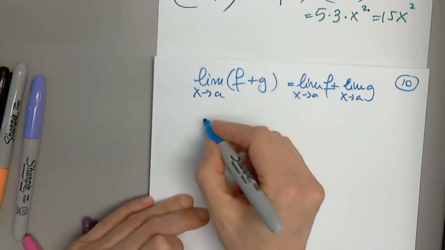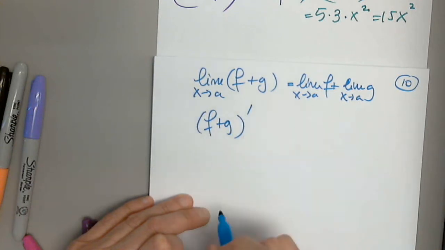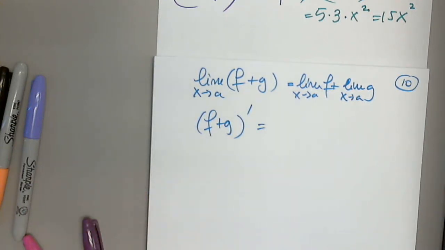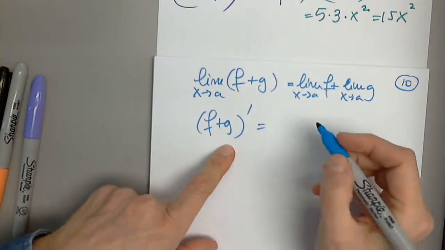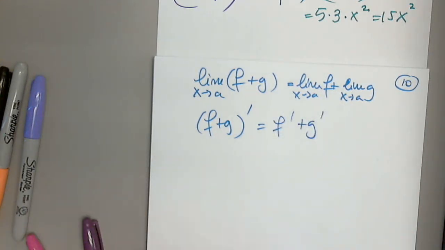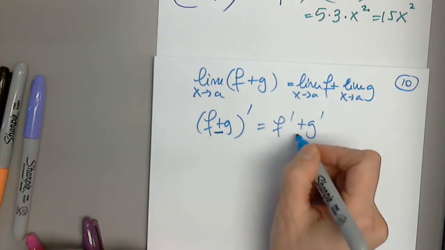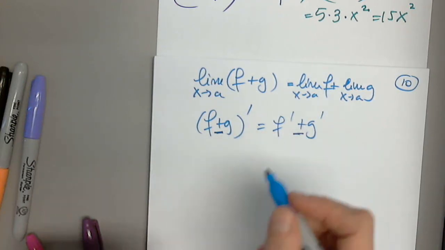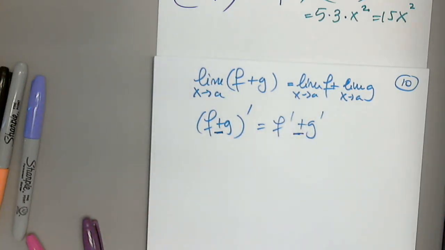What do you think this will equal, knowing that the derivative is also a limit? It's a limit, right? So what will this equal to then? What if I have a difference? Good. So we know how to differentiate sums of functions and differences of functions.